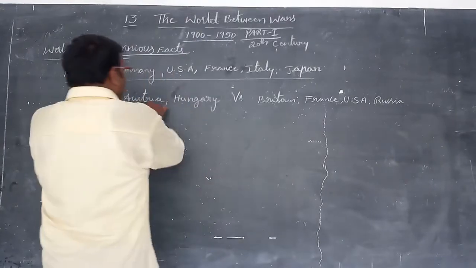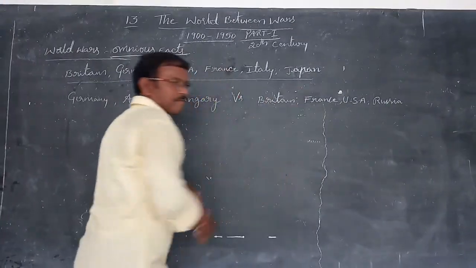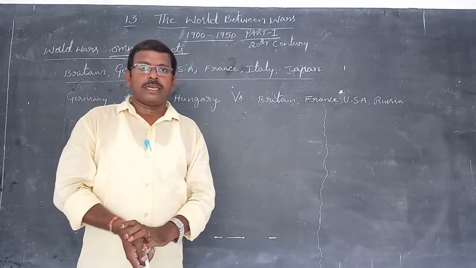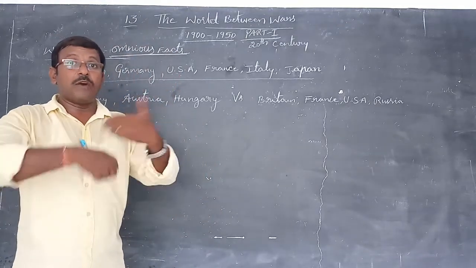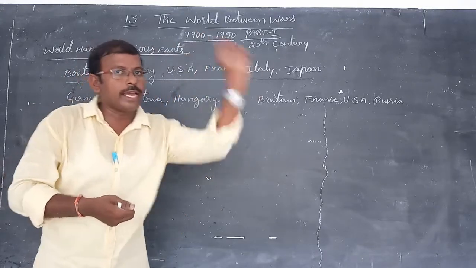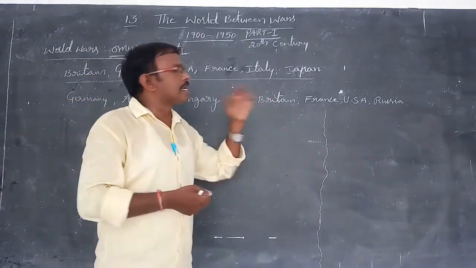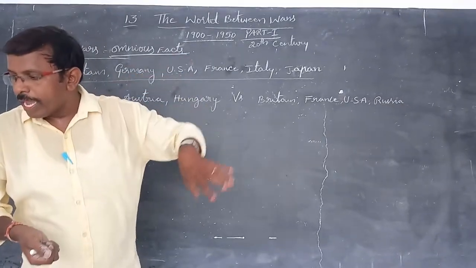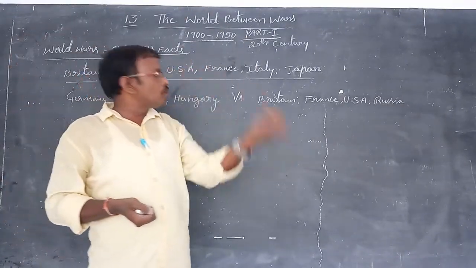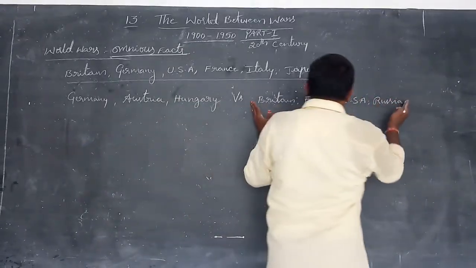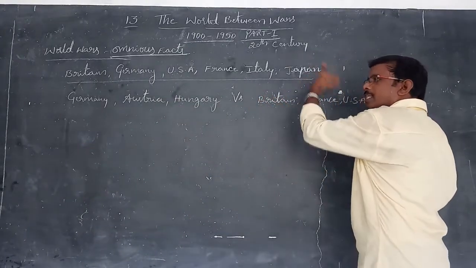Here, what happened between these 2 groups? There was hesitation and a drive for development. They wanted to develop to control other countries. This started in both groups. Each group had alliances with many other countries.